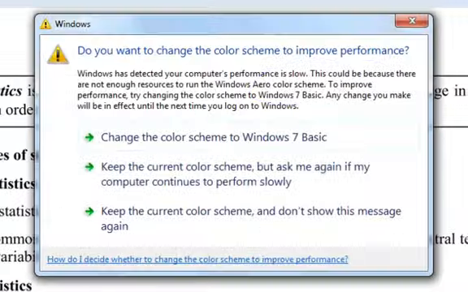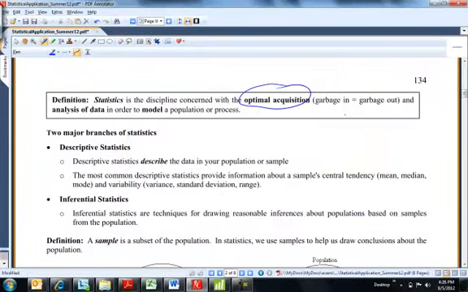If you take in bad data, your results are not going to be worthy of even displaying. So optimally acquiring data and then analyzing it in order to model some type of situation. In probability, we use those models to model a population to make predictions about the future.